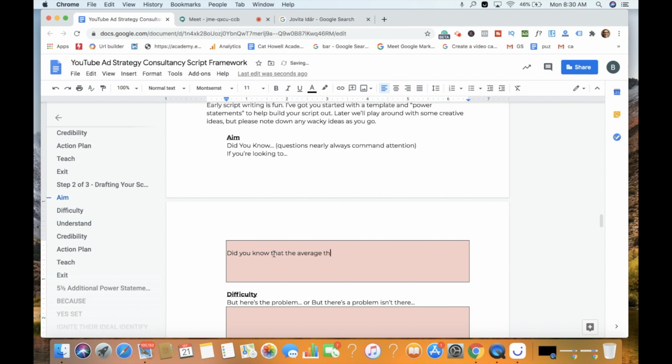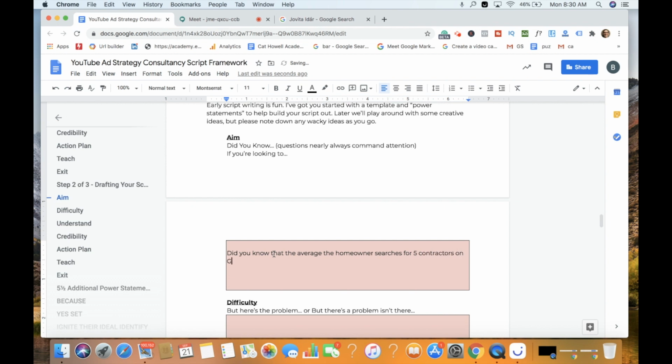Did you know that the average, let's say, homeowner searches, and I'm just making this up, searches for 5 contractors on Google before they hire one.